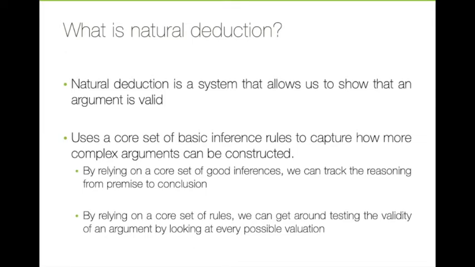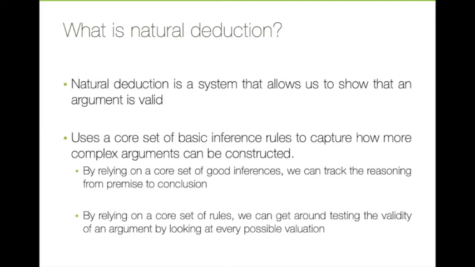So the idea is, by relying on a core set of good inferences, we can track good reasoning from premise to conclusion. In this way, natural deduction solves the problem that truth tables had. It gives us a better sense of why an argument is good, because it better matches the kind of natural steps you might make as a human reasoner to go from premises to arrive at a conclusion.